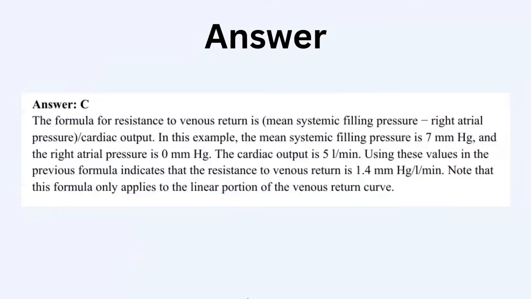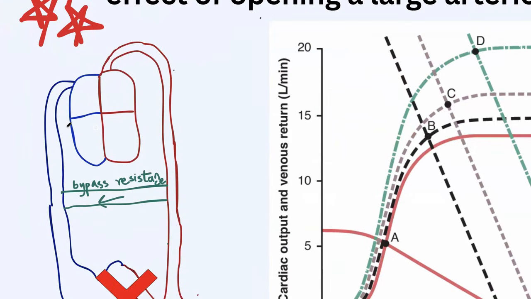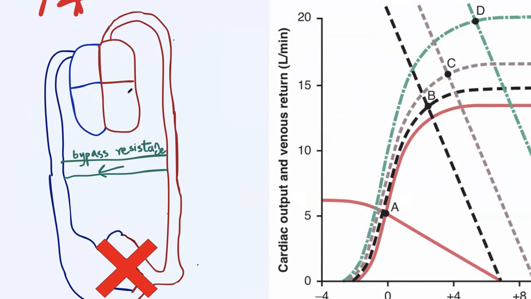Okay? Now we're going to talk about the effect of opening a large arteriovenous fistula. That's a mouthful of words, so let's break that down. In patients who are undergoing hemodialysis, a large artery with a lot of pressure is directly connected to a large vein.